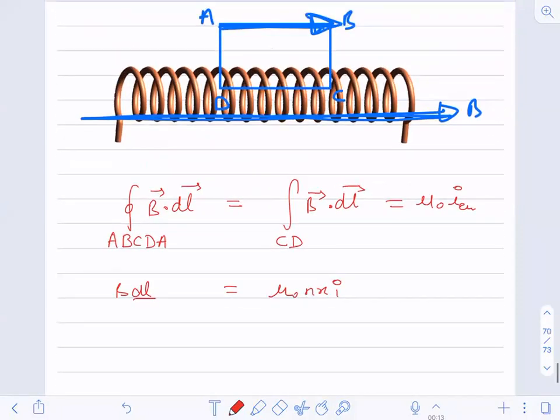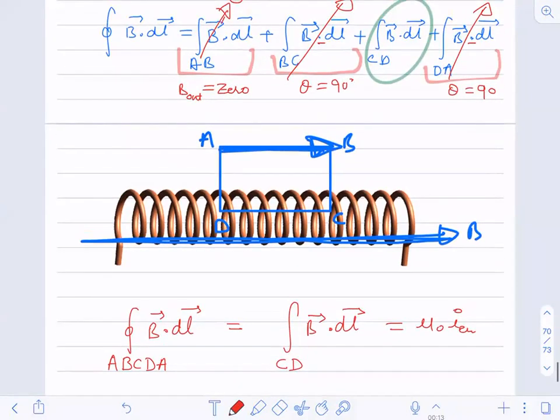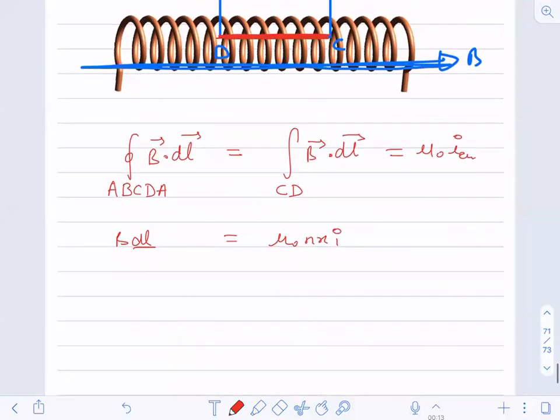What is the length of CD? Length of CD is X. So B times X is equal to mu naught n x I. X and X get cancelled. B will be equal to mu naught n into I.